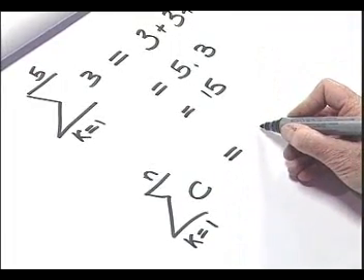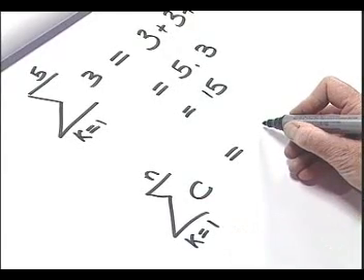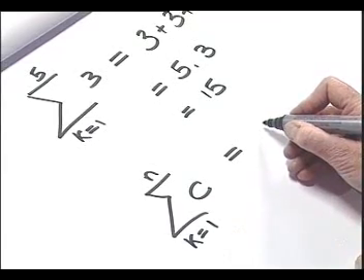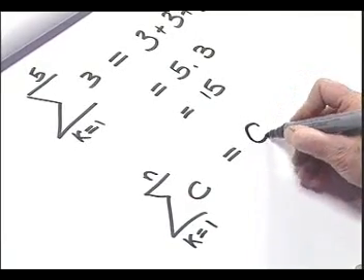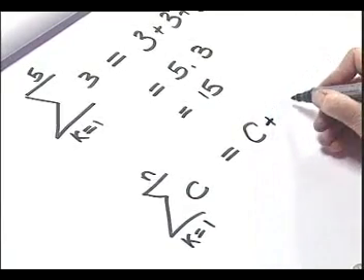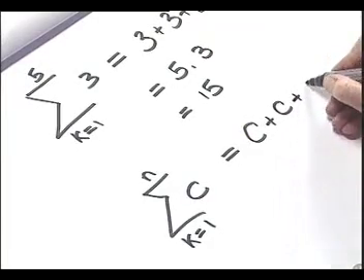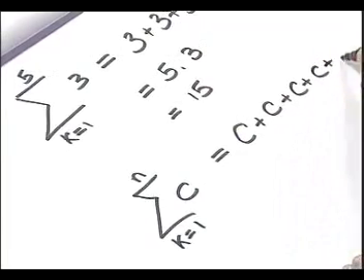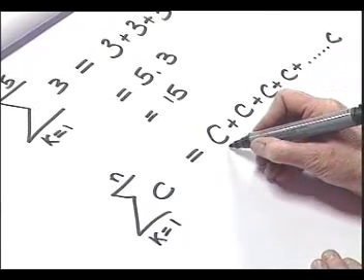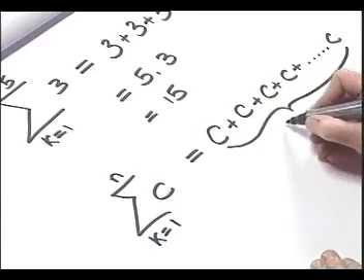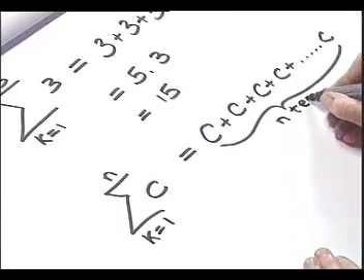We work out our sum using k equal 1, 2, 3, and so on up to k equal n, and evaluate it. So k equal 1 is c, k equal 2, c, and so on, up to the last c, such that we have n terms.